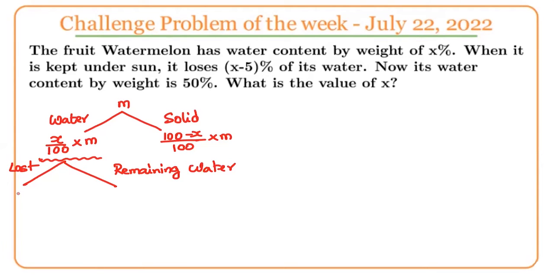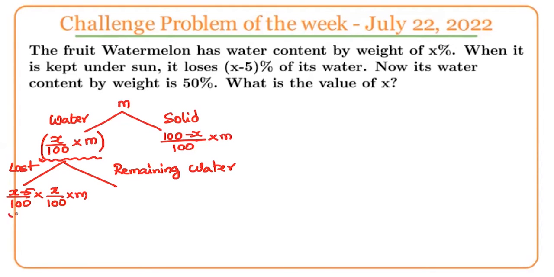So what is lost is x minus 5%. So x minus 5 divided by 100, that is the percentage of this water content. So we have to put that here, x over 100 times m.